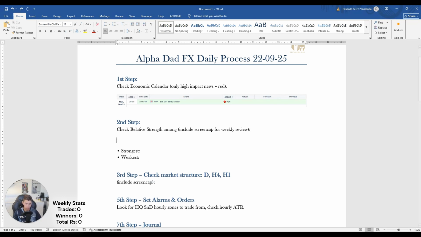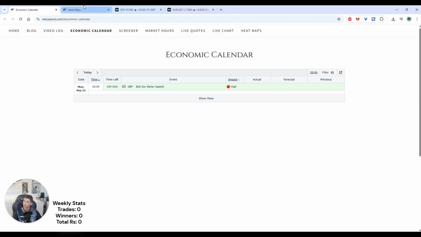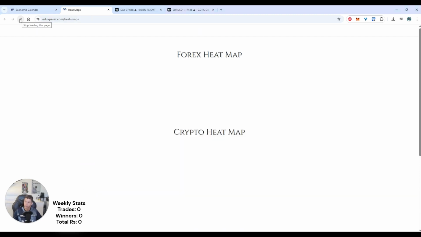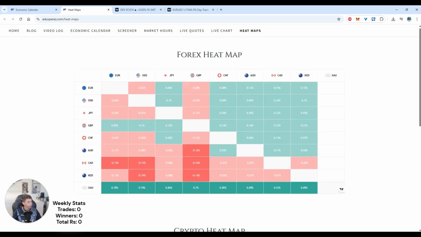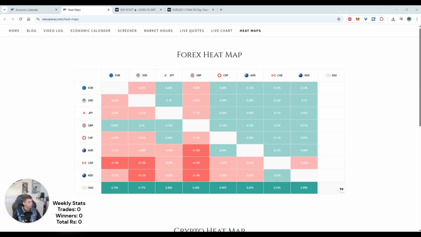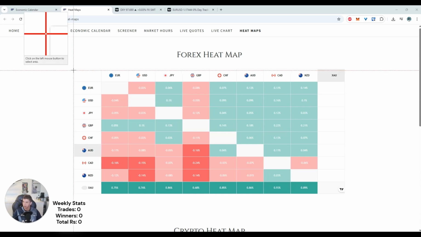Okay, now we're going to the relative strength analysis. Let's put a refresh here. What do we have here for today?